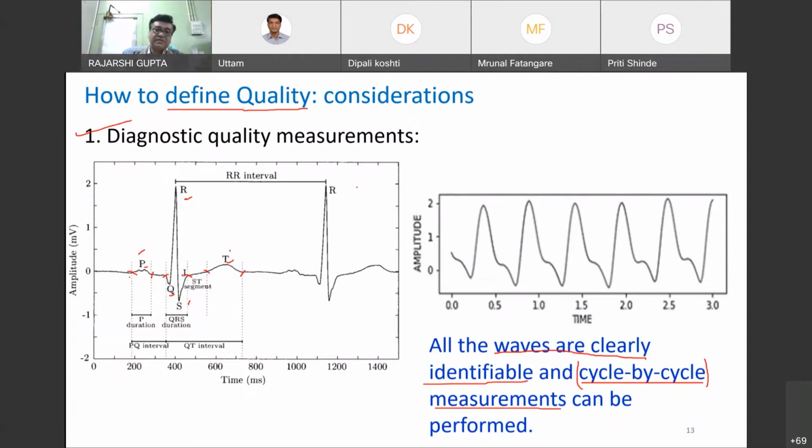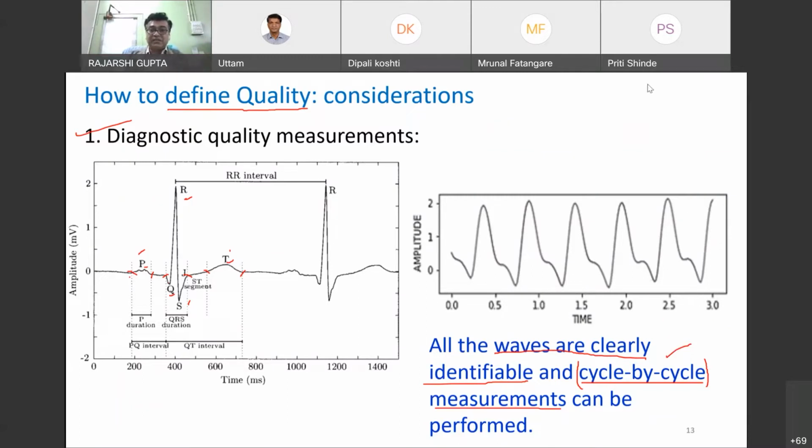Whatever we measure using oscillatory measurements is not beat to beat. That measurement is done over a period of say 30 or 45 seconds by occluding an artery and then releasing it and detecting some sounds. So in recent years there has been an interest in cycle by cycle measurements. From that point of view, diagnostic quality measurements are very, very important.